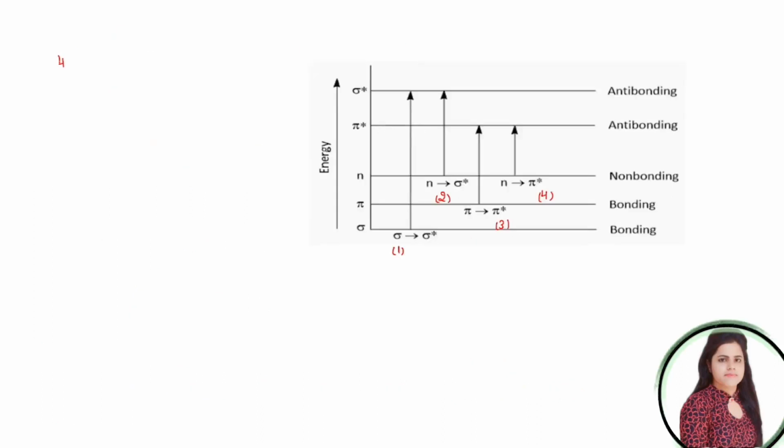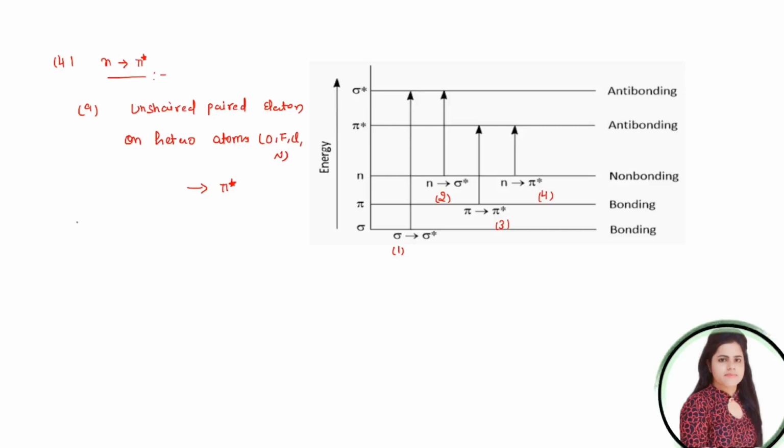And now the last transition, which is your n to pi star transition. In this transition, the very first thing is what type of compounds will show the transition. We should have an unshared pair of electrons, or non-bonding electrons, on a heteroatom like oxygen, fluorine, nitrogen, etc., going to pi star.